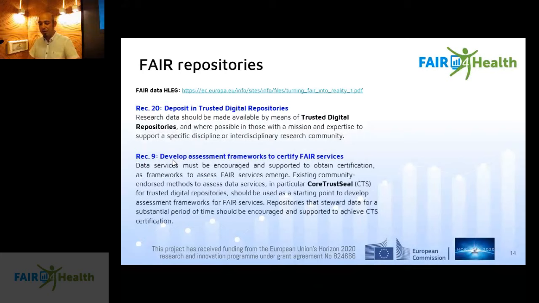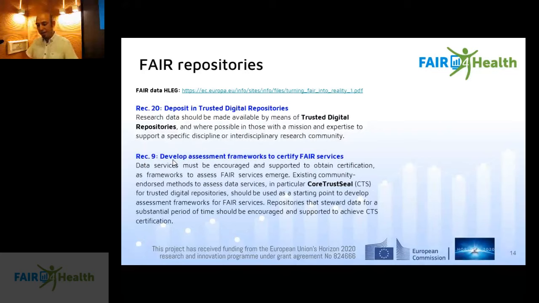The first is to deposit your dataset in trusted digital repositories, and when possible, those with a mission and expertise to support a specific discipline or domain, so researchers from other institutions could have easy access to these datasets. The other recommendation has to do with the assessment framework and, at the end, the trustworthiness of these repositories.